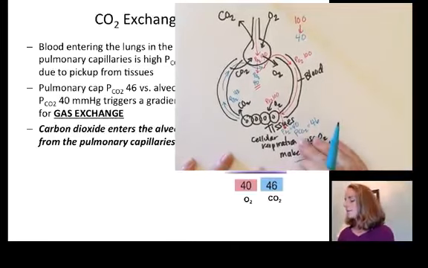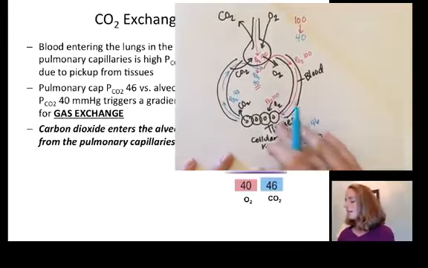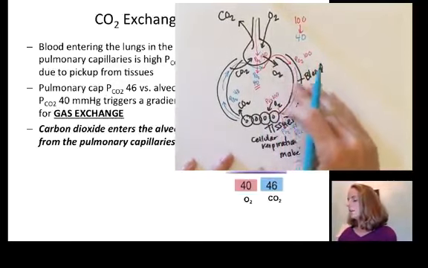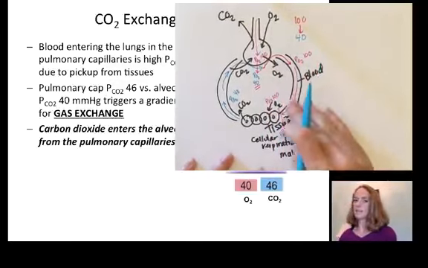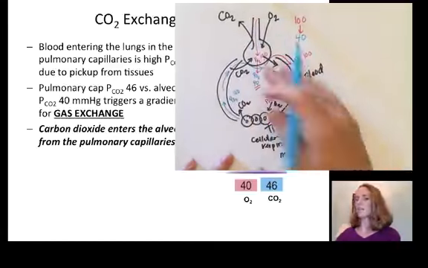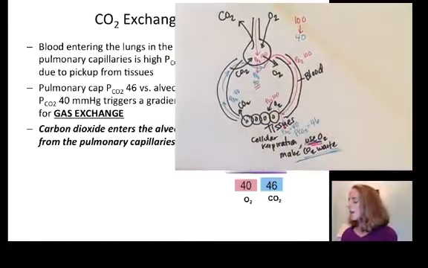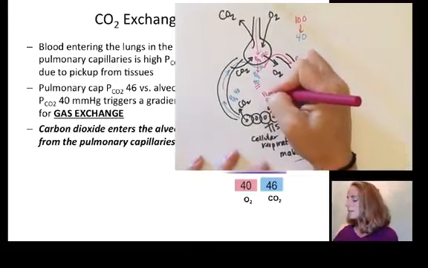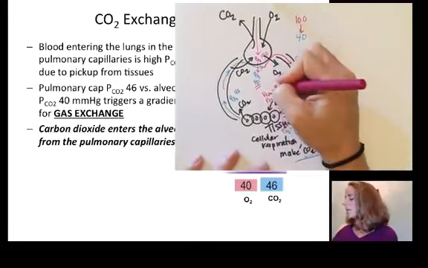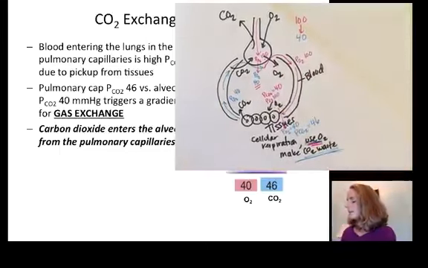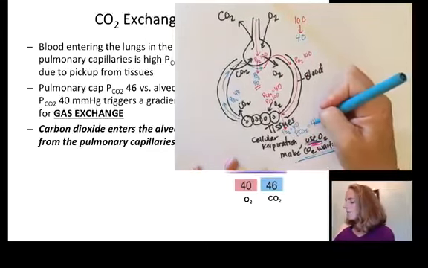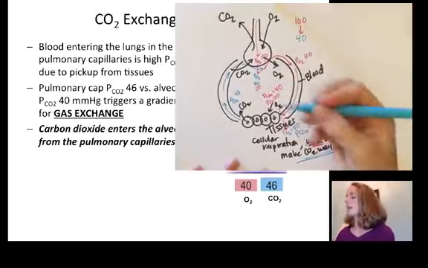That PCO2 is higher than the PCO2 of the oxygenated low waste blood that is coming in. It's low waste because the lungs had removed it. So the oxygenated low waste blood has a PCO2 equal to 40. Now the carbon dioxide is going to move from the 46 to 40 gradient.